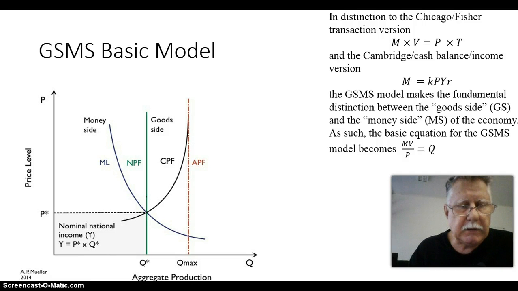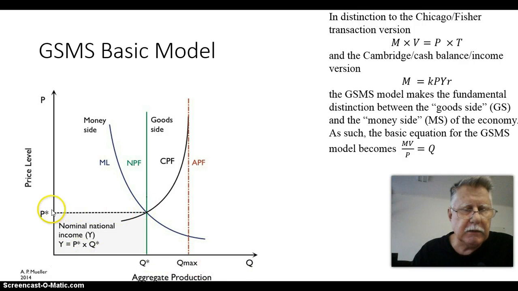Just a short, quick survey of our model. It's based on the equation of exchange. Up here, we have the equation of exchange. Here is the Fisher-Chicago form, and here the Cambridge cash balance, and we use this formulation of the equation with the strict separation of the goods side and the money side. We have here the price level and output.